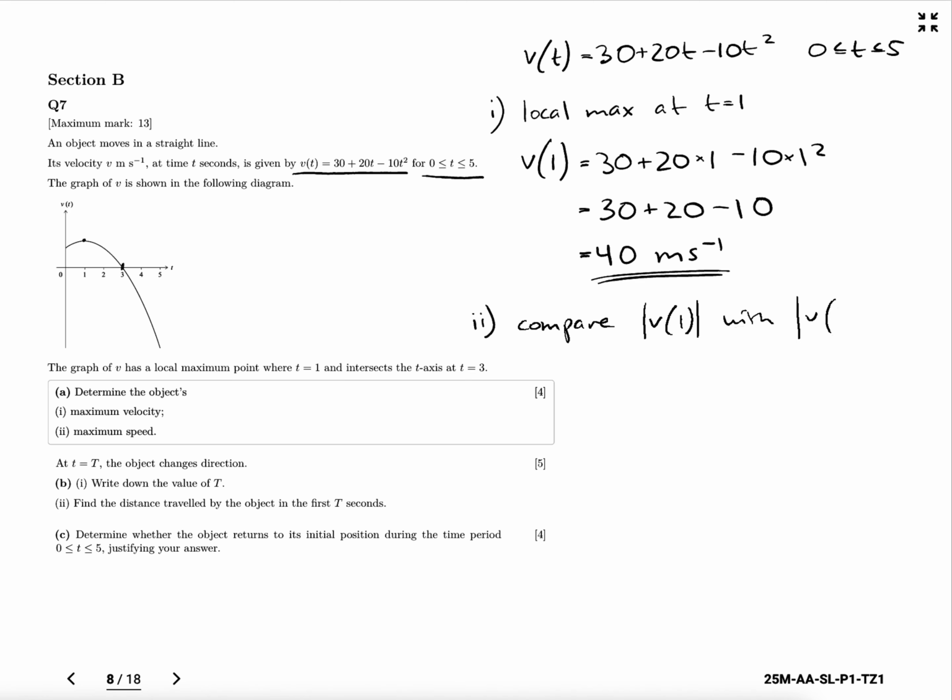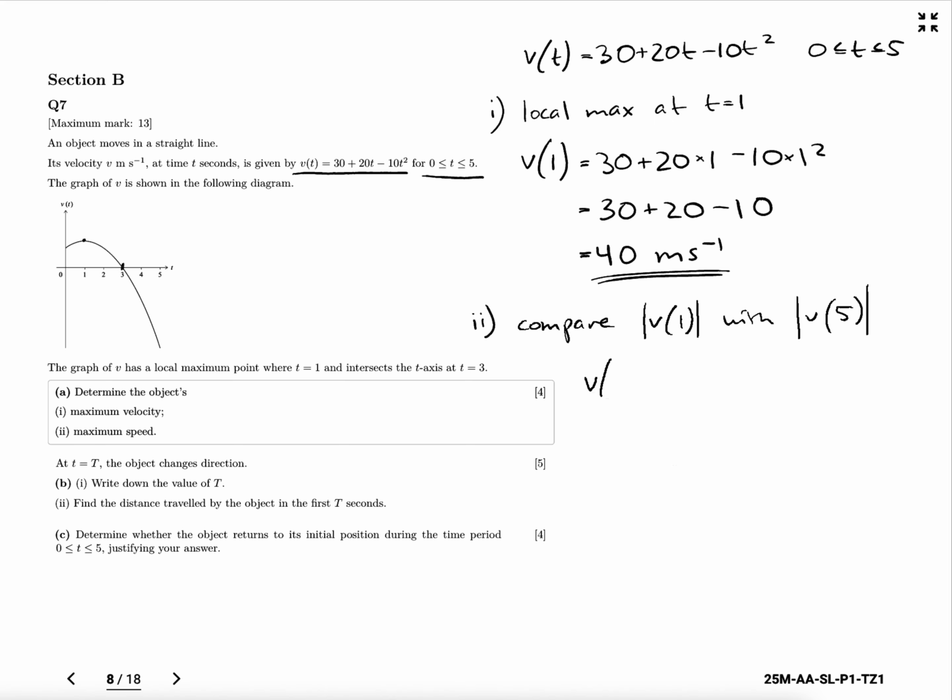Where else is the speed high? It's going to be here. When t is equal to 5, we have a very high speed, because the line is a long distance from the t-axis. So we want to compare it with the velocity at time equals 5.